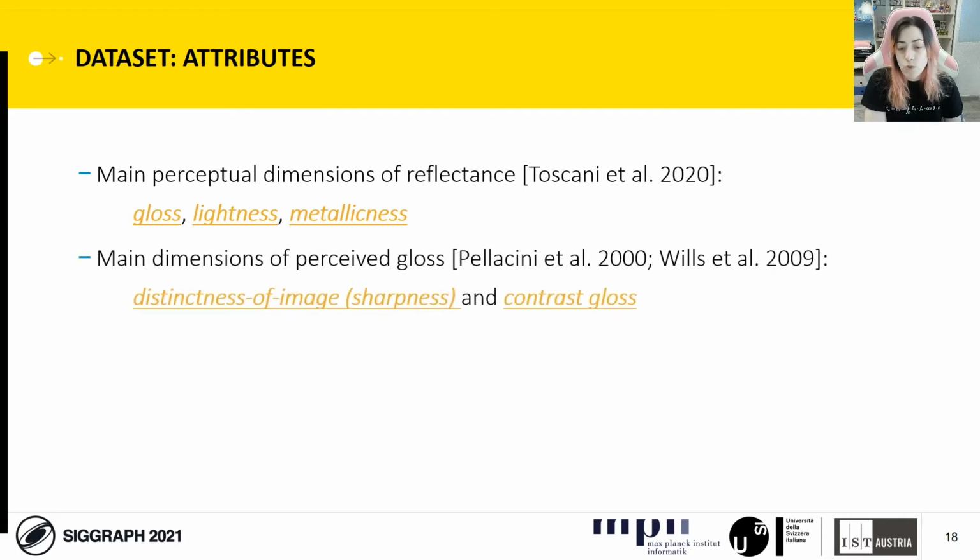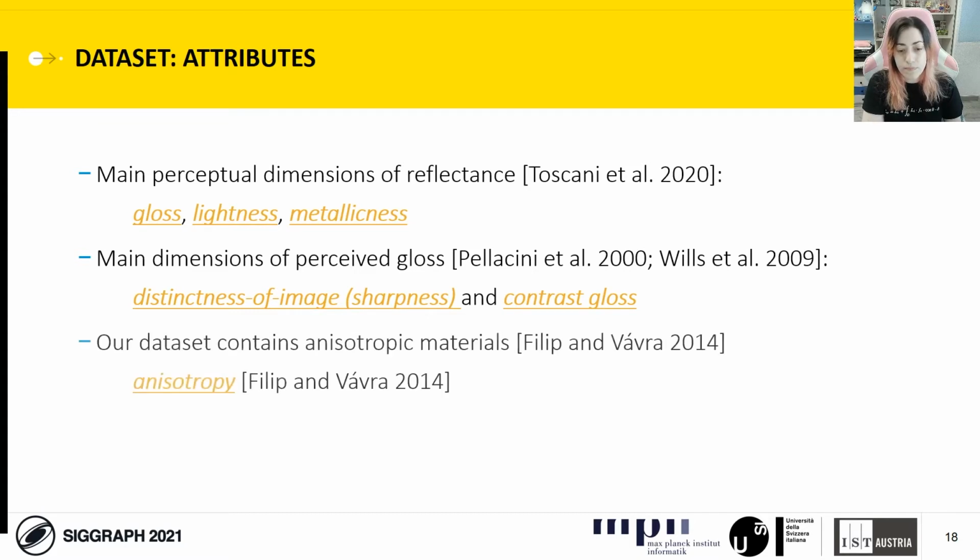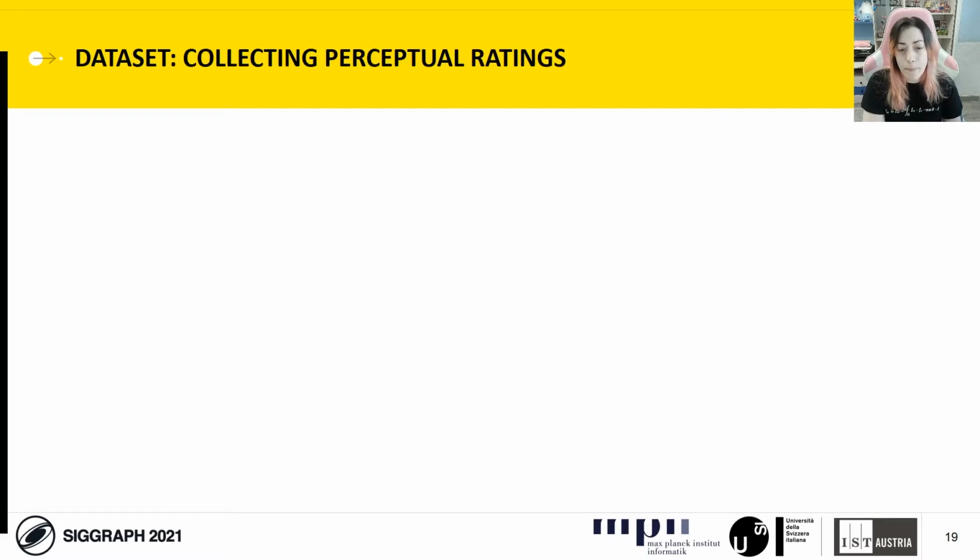Then, previous works have suggested that the 2 main dimensions of perceived gloss are related to the distinctness of image gloss, or sharpness of the reflections, and contrast gloss. So we also consider these 2 attributes. And finally, since we are including anisotropic materials in our dataset, we also add this attribute to our list, and this yields a total of 6 attributes.